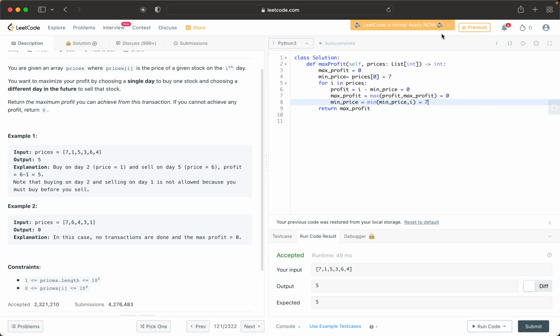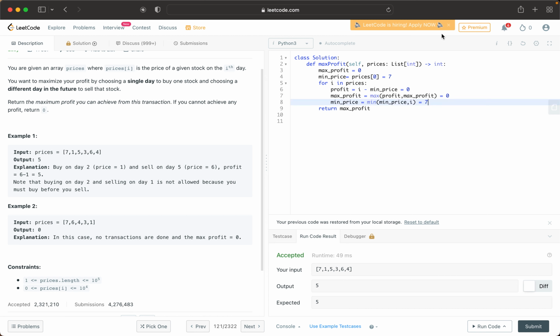On the second iteration, our i value becomes 1. So our profit will be i, which is 1, minus our minimum price, which is 7. So this will become minus 6, right? So max profit in this case will be the maximum of profit, which is minus 6, and 0.